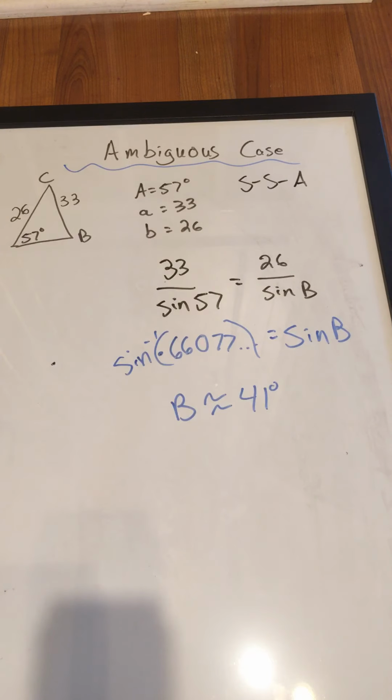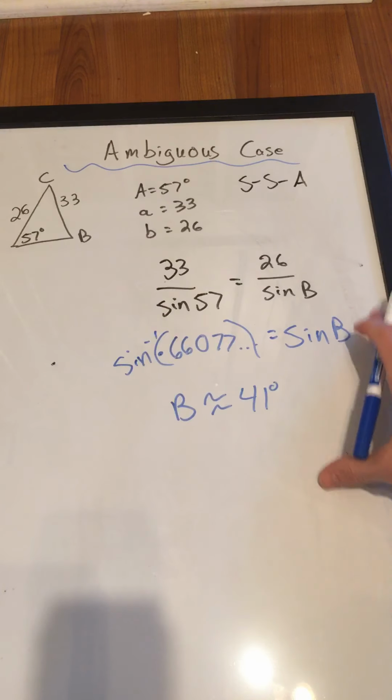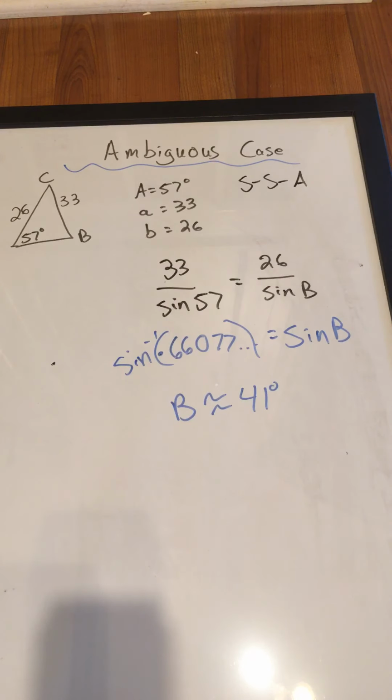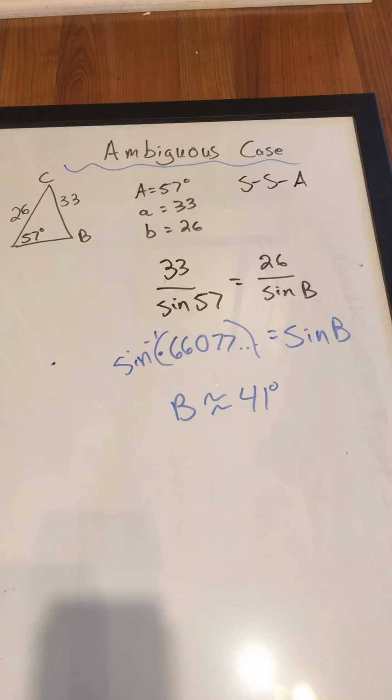Now, this is why we call this the ambiguous case and why it's not clear. Angle B doesn't have to be 41 degrees. In this example it will be, but let's just talk about the algebra part. There's another angle with the same sine ratio, because inverse sine only gives me results from negative 90 degrees to positive 90 degrees. Remember, we worked on inverse sine. It shows up in the first and fourth quadrant.